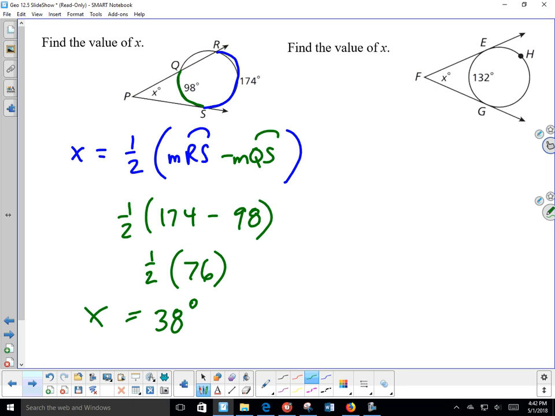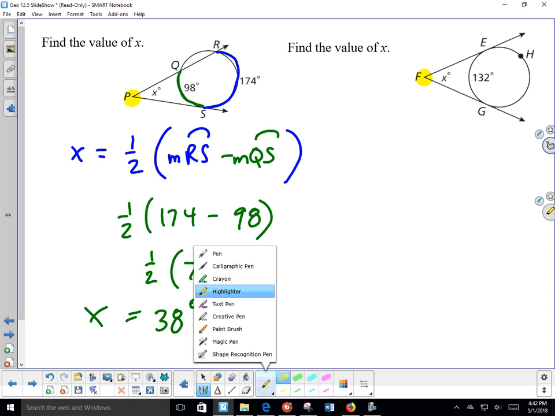Let's take a look at this next example. Again, we see for both of these, the intersection for the tangent and the secant here was in the exterior. Here it's two tangents, but again, that intersection point's in the exterior.